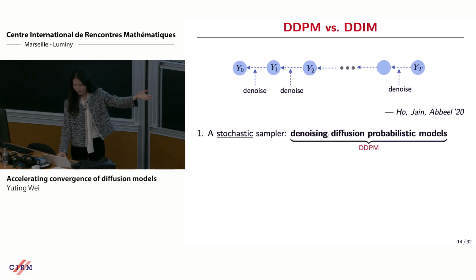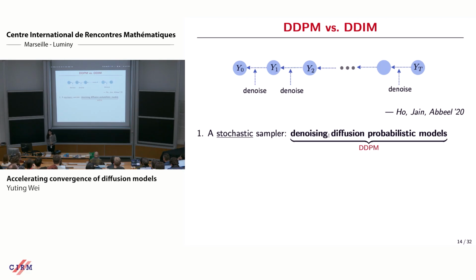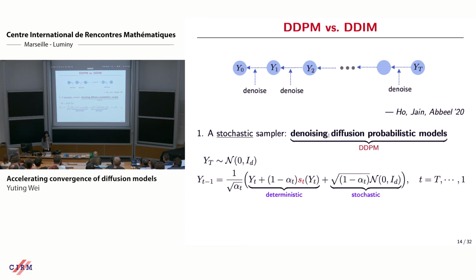This is our forward process, and think about our denoising process where the stochastic sampler, which is also called DDPM, short for denoising diffusion probabilistic models, does something like follows. So this is an iterative procedure. You start with a pure Gaussian noise, okay?